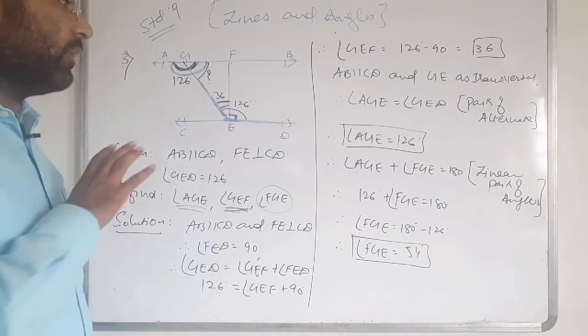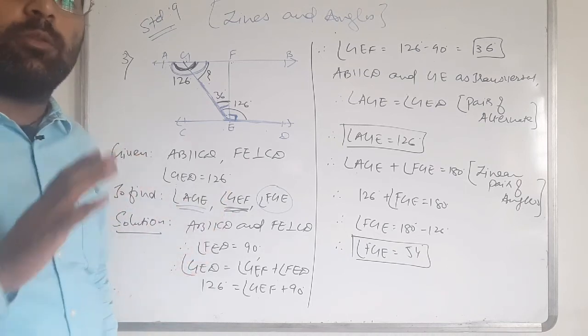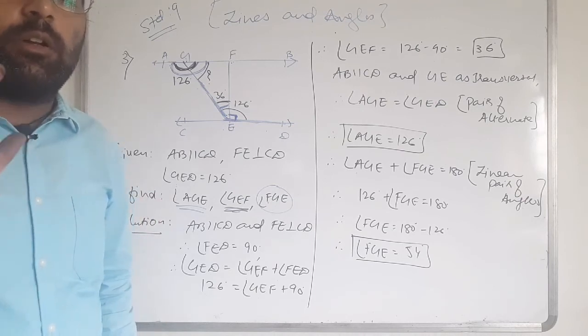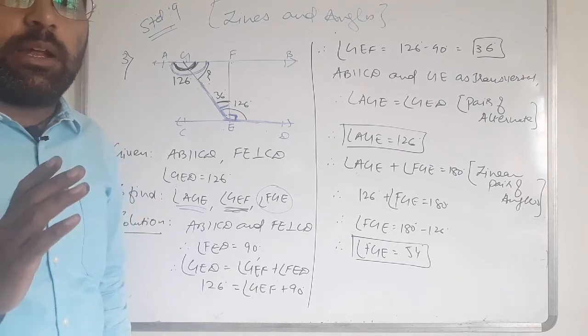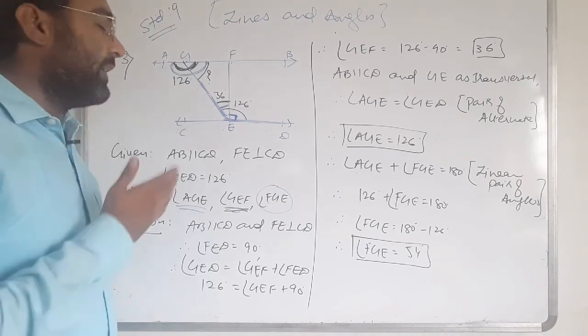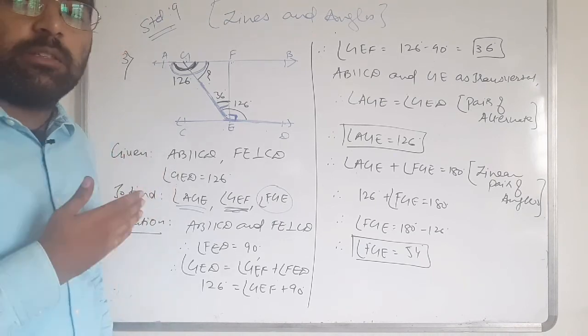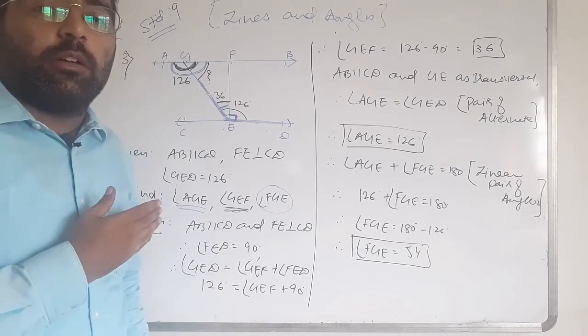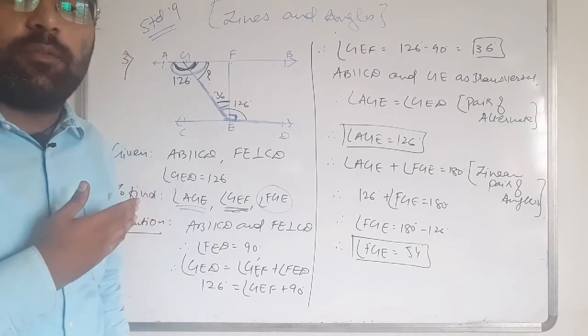All of those questions are related to these concepts. So first of all you must understand where alternate angles are formed, where co-interior angles are formed, and where corresponding angles are formed.